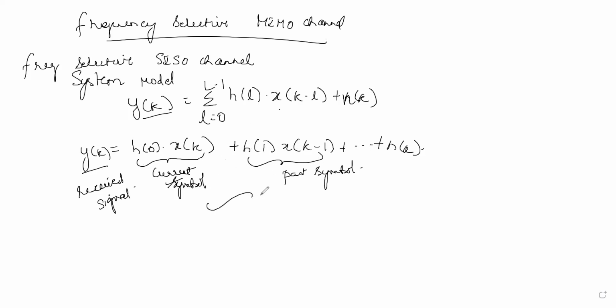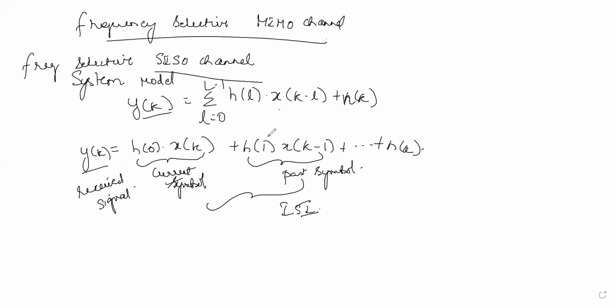This is called inter-symbol interference, which we have already discussed in OFDM.